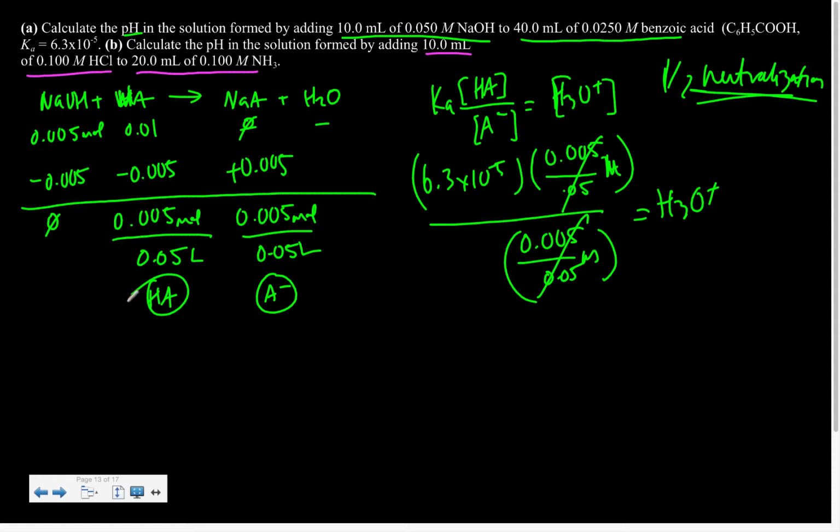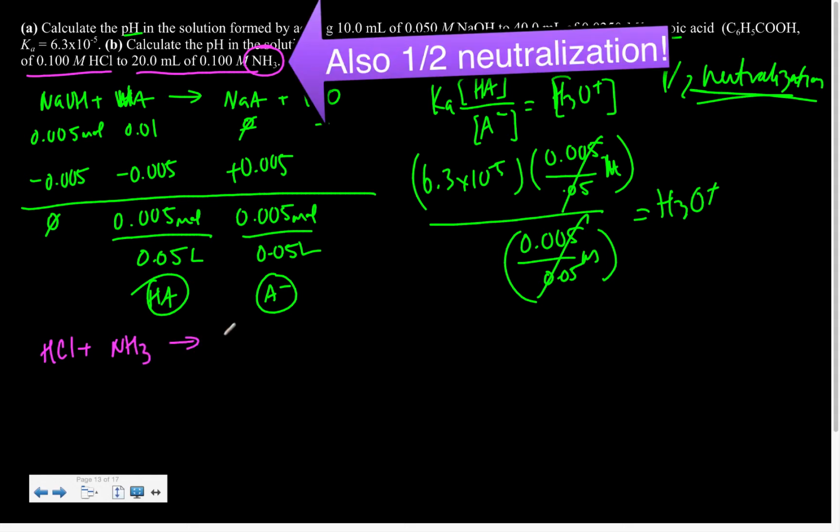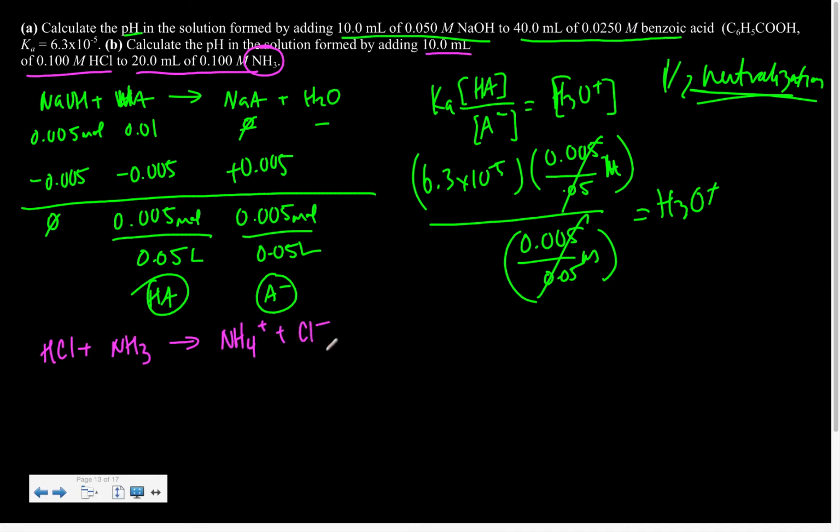Now, here it's really important, right? The thing that we're adding to is ammonia. So if we take my HCl plus my NH3, we're going to form NH4 plus and some Cl minus, okay? And for my HCl, it says that we have 0.01 times 0.1, so 0.001 moles of this.